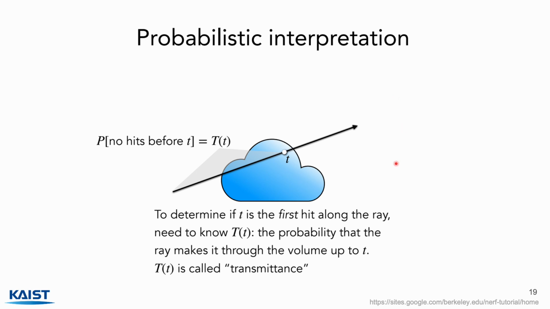Another important concept here is the transmittance T(t), which indicates whether a ray survives until the point t. So to hit something at t means that we haven't hit anything fully opaque before this t. You can interpret this transmittance term as how much was transmitted through the volume along the ray to that specific segment here.